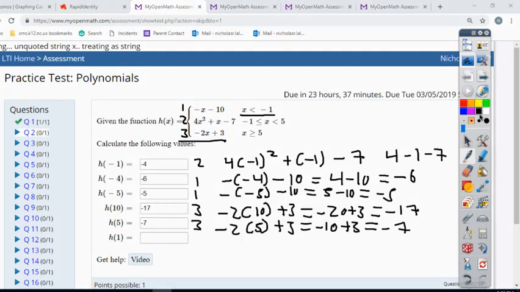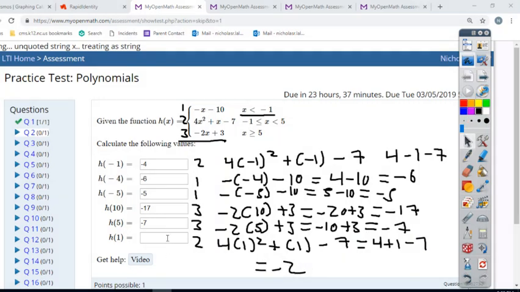H of 1. 1 is greater than -1, less than 5, so that's going to be function number 2. And we'll have 4 times 1 squared plus 1 minus 7, so that will be equal to 4 plus 1 minus 7, so that's equal to 5 minus 7, which is equal to -2.